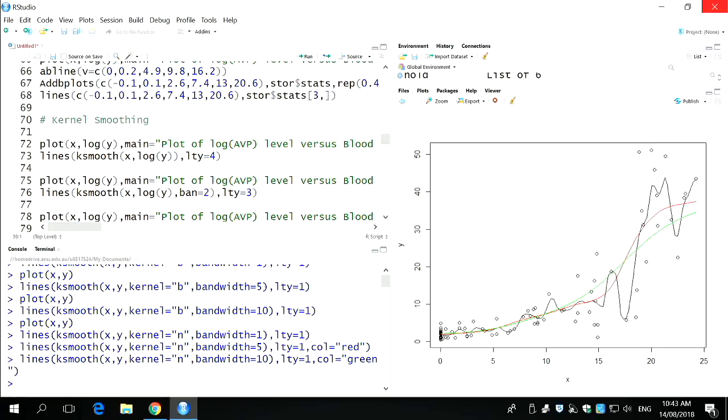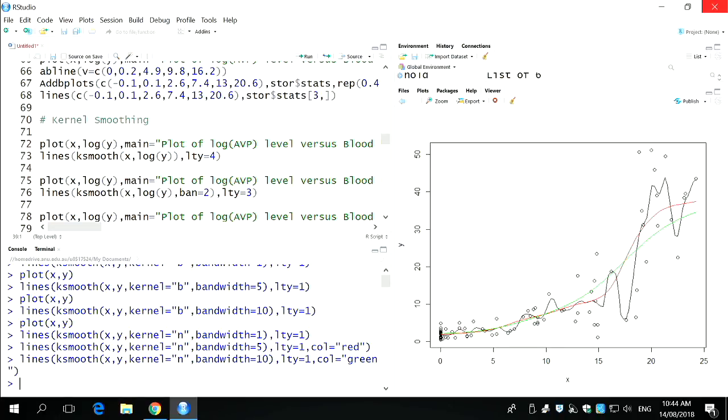Then a guy named Bill Cleveland, who was at AT&T Bell Laboratories in the United States, came up with this new method. And it's called LOWESS, which is spelled one of two ways. It's either spelled L-O-W-E-S-S or it's spelled L-O-E-S-S. So sometimes the W goes missing depending on who you're talking to.